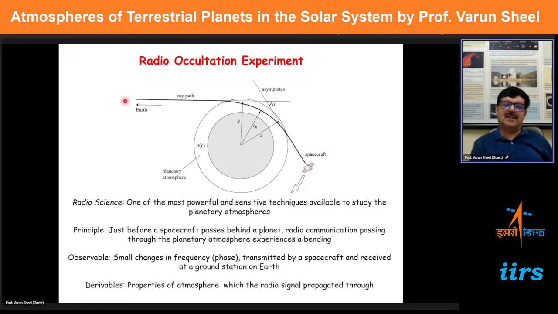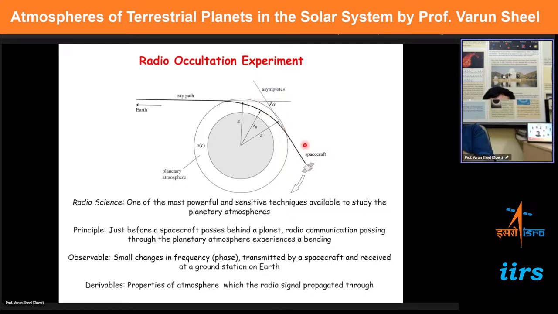So in this experiment, when the satellite just enters near the atmosphere, the radio frequency is sent back to the Earth station, and this is the same frequency which is used to transmit data from the satellite.